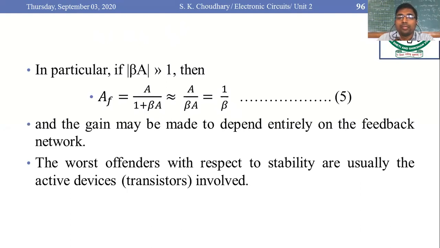Okay, so we start the lecture for today of electronic circuits.